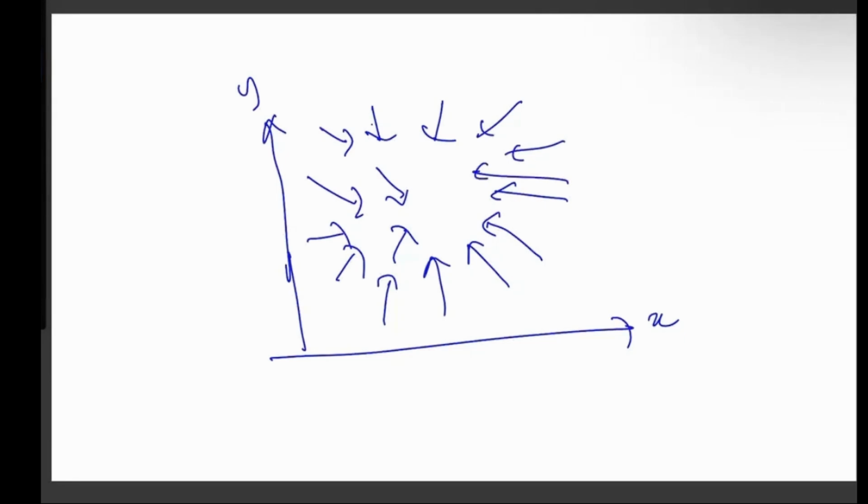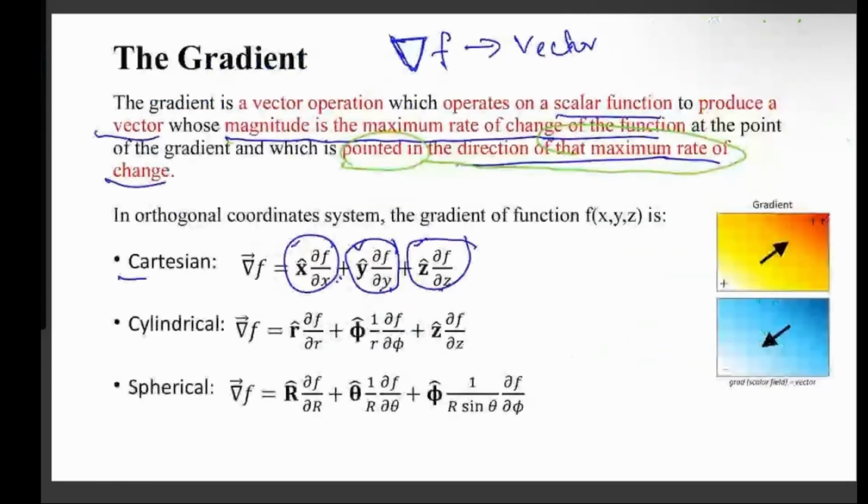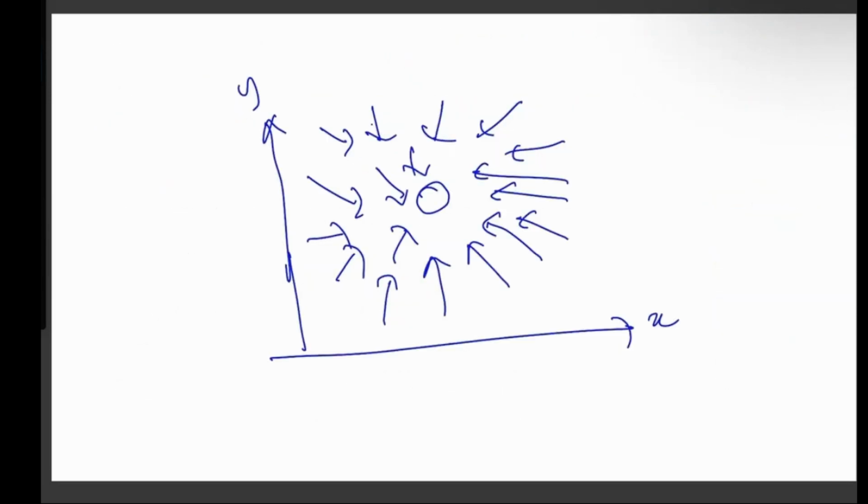This one is the top of the mountain. The direction of the vector shows the maximum peak, so the direction of the maximum rate of change. This is a unit vector. The output will be a unit vector.